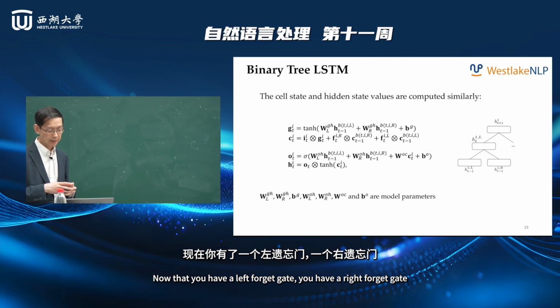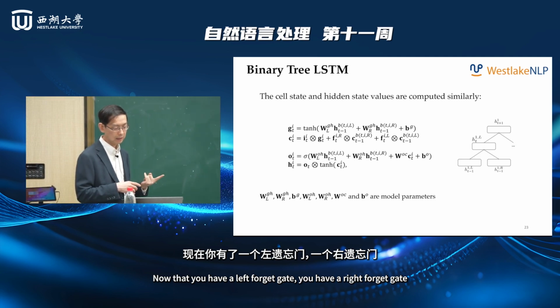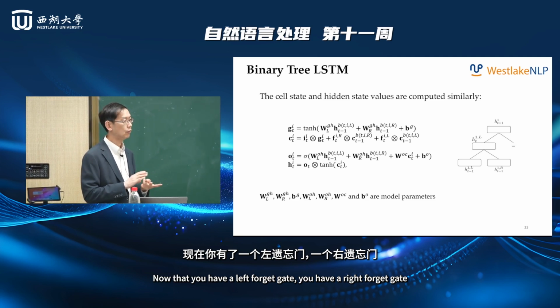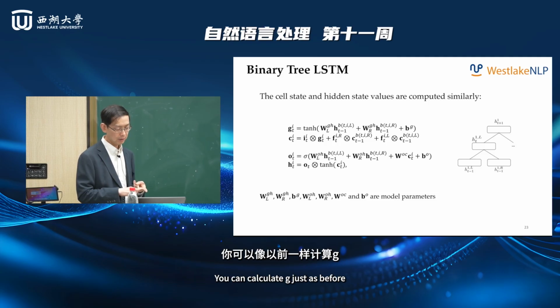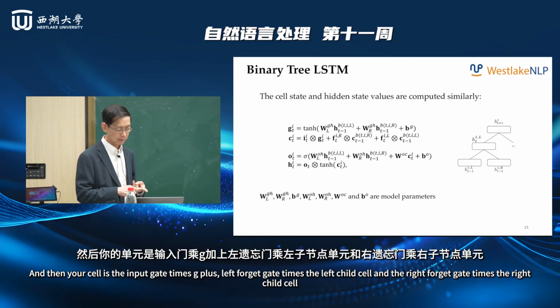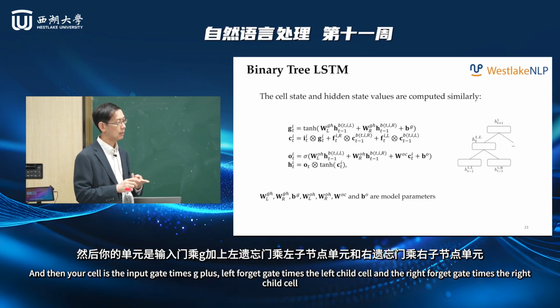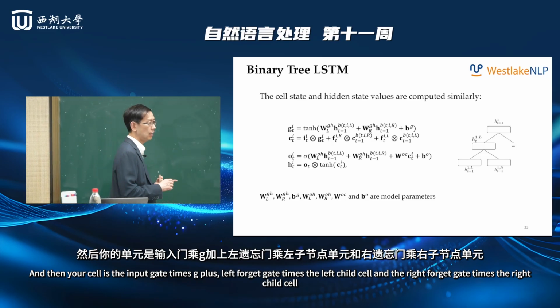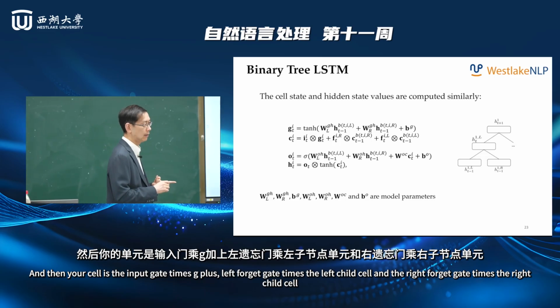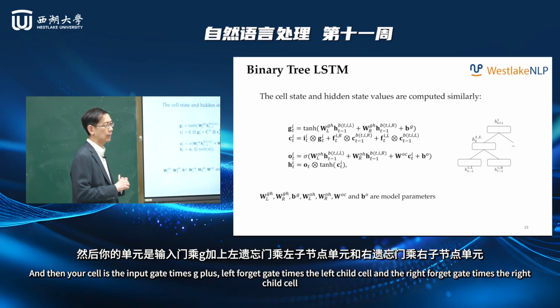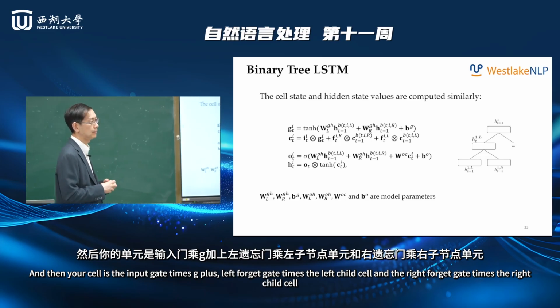Now that you have a left forget gate and a right forget gate, you can calculate a G just as before. Then your cell is the input gate times G plus the left forget gate times the left child cell and the right forget gate times the right child cell.